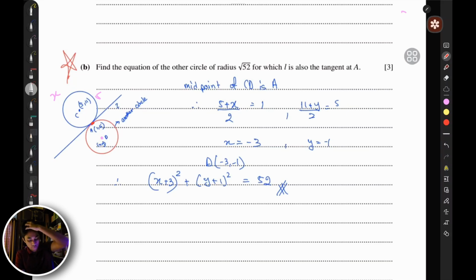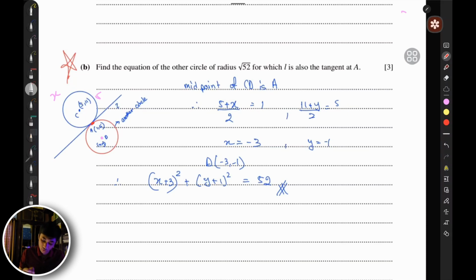You find the midpoint of C and D, which is 1, 5. Let's say 5 is the x coordinate for C, and x is the x coordinate for D, and dividing by 2 gives you 1, which is the midpoint A.